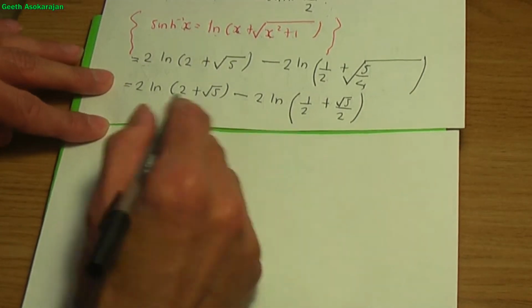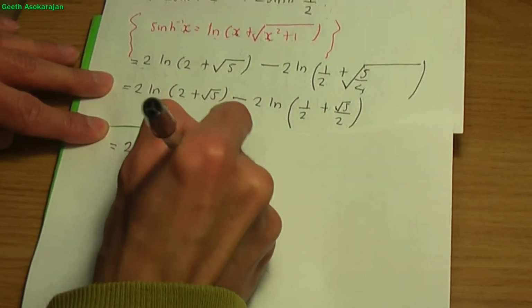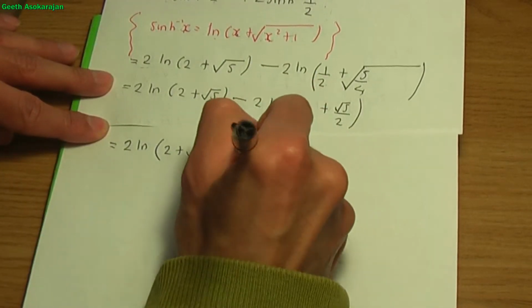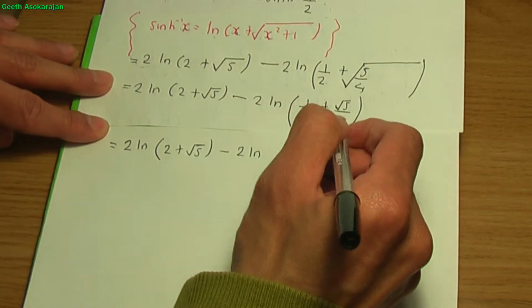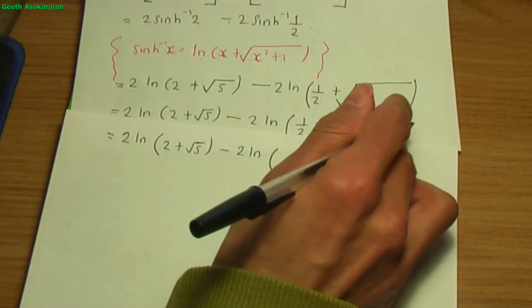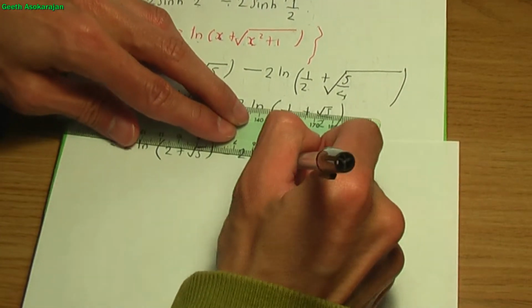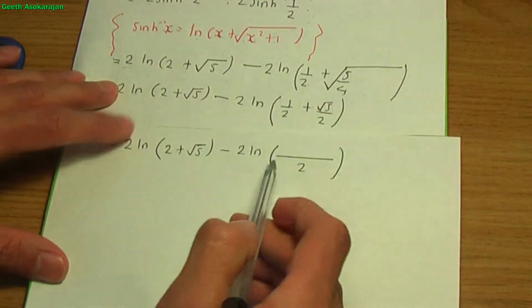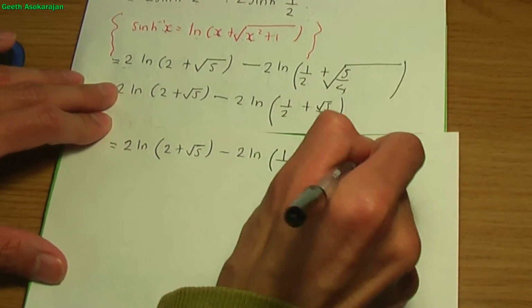So now I can rewrite this as 2 ln of 2 plus root 5 minus 2 ln of half plus root 5 over 2. If I take out a common denominator of 2, I'm going to have 1 plus root 5 on top.